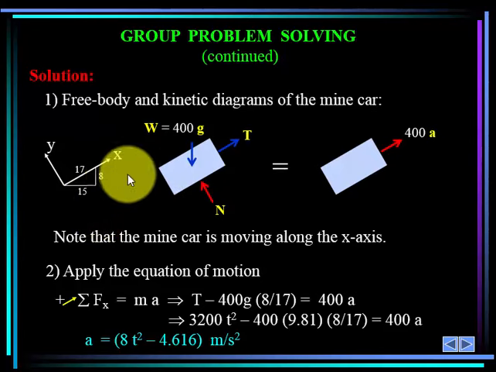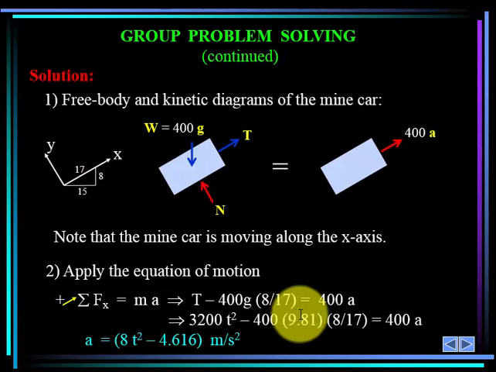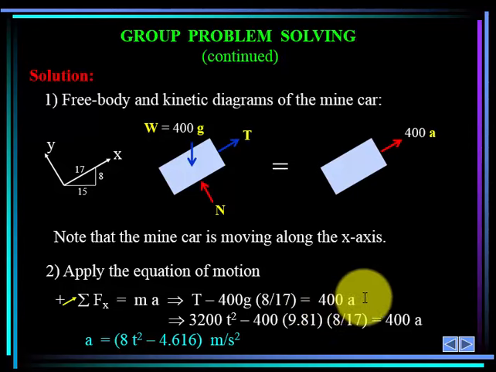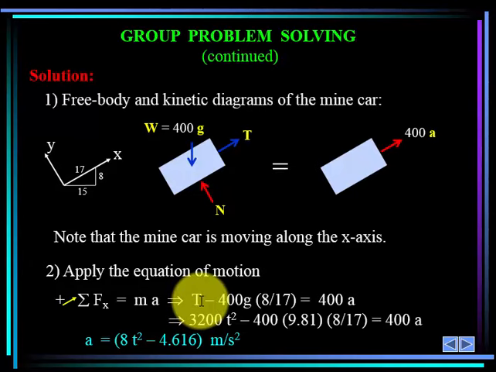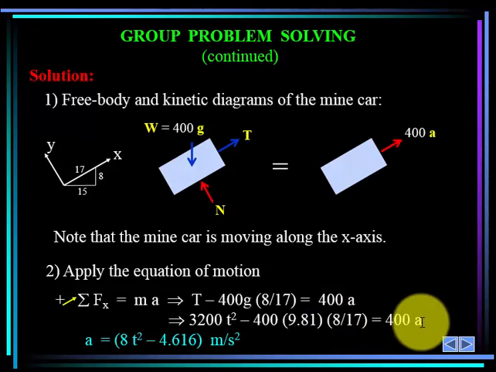Sorry, the x component of gravity is going to be that sine term, 8 over 17, times the weight, and all of that is equal to the mass times the acceleration. Sum of forces equals mass times acceleration. In this one, we know the rope tension will vary according to the equation 3,200 times time squared, leaving the only unknown in this equation to be acceleration.